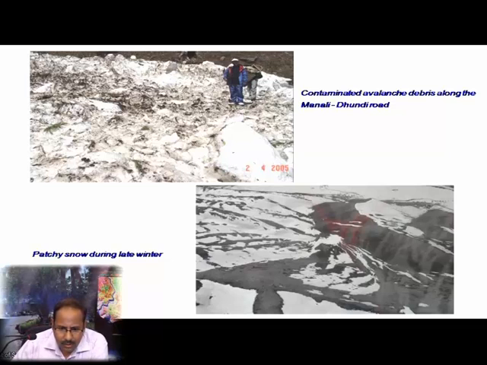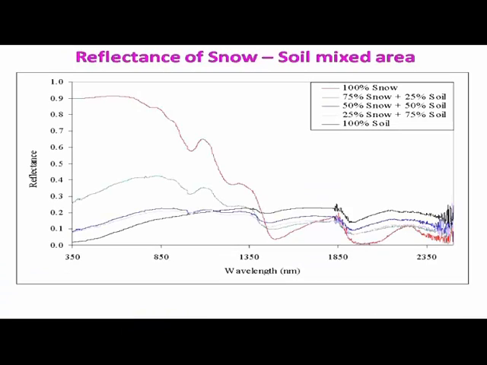Another type of problem you see in the snow cover. One is the contamination that is studied, and the other is the patchy snow. In late winter, the snow remains in patches due to the ruggedness of the mountain topography. To monitor such snow cover, again we conducted an experiment in a fixed field of view with different proportions of snow and soil.